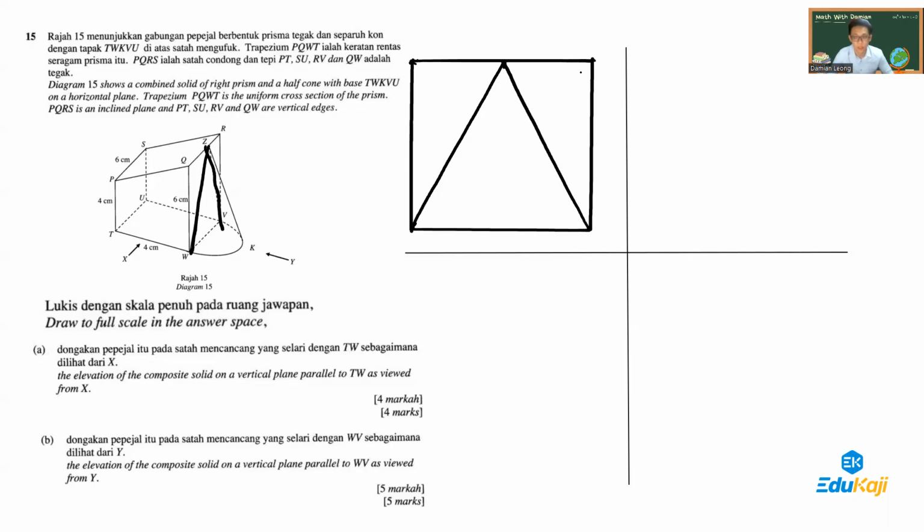Then 4 cm from the bottom. So basically we measure 4 cm from the bottom. And we have a horizontal line here, but it's a dotted line. That's for this line right here, because we cannot see from this direction, so it's a hidden line. That's why you use a dotted line to represent that.